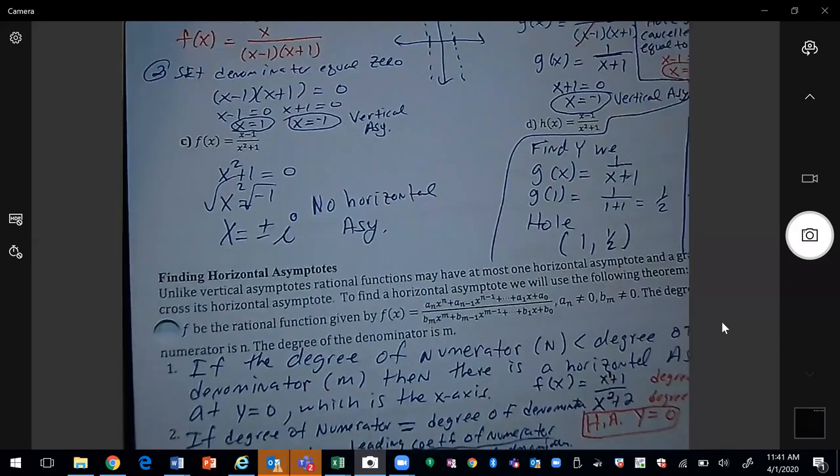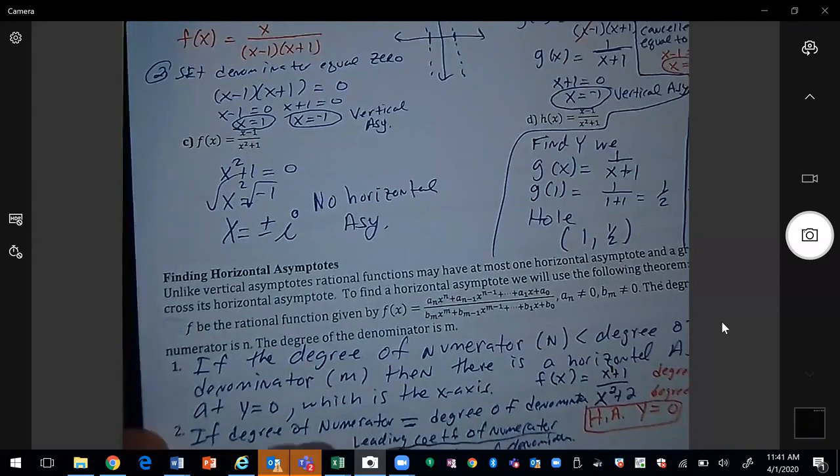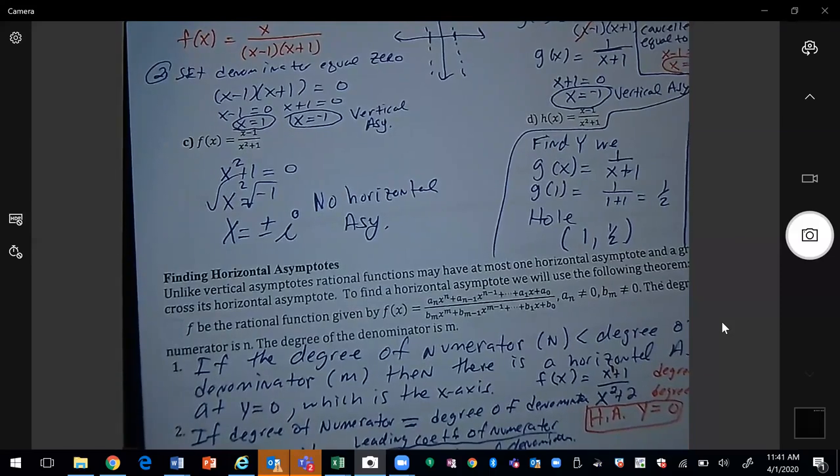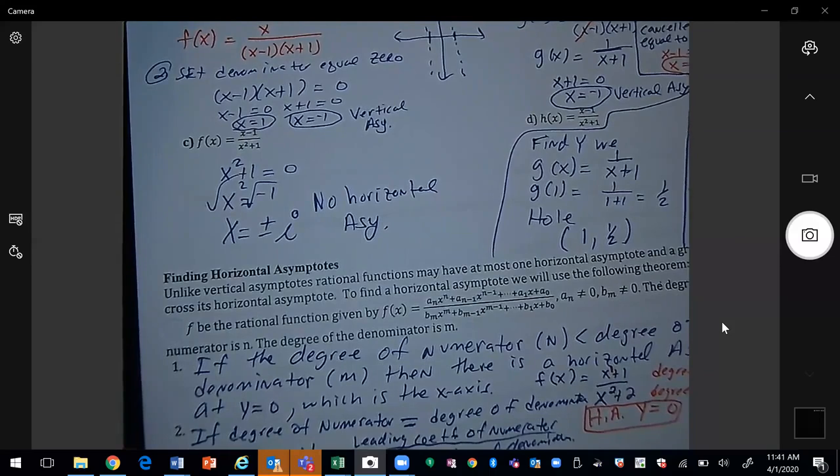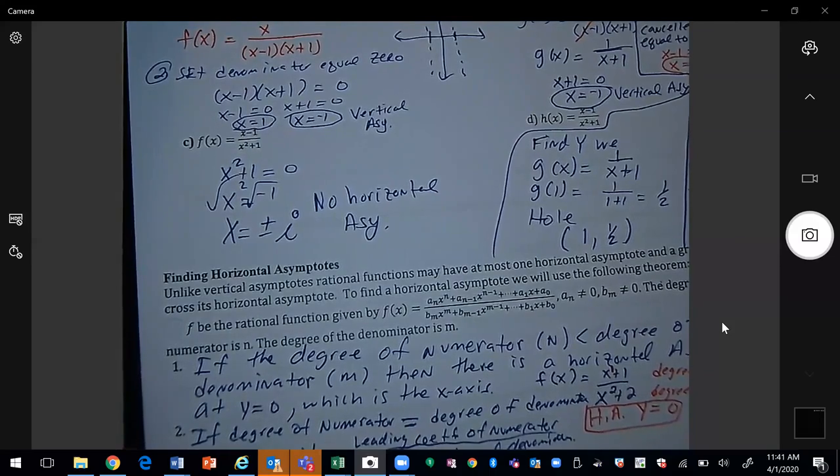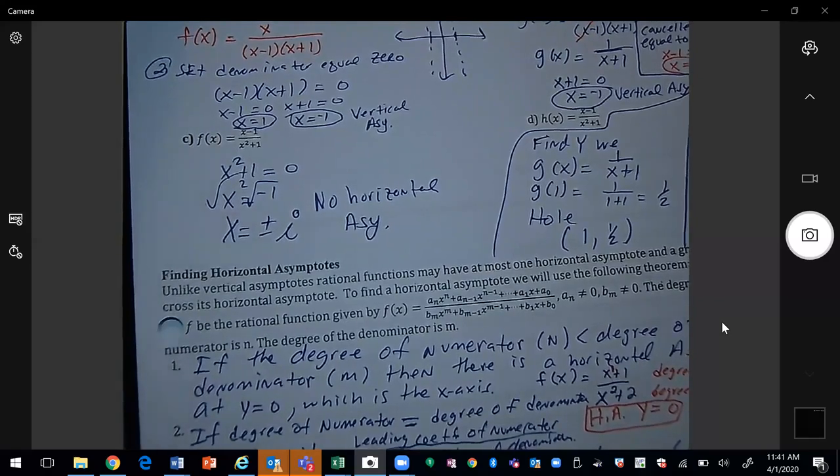The third case is if the degree of the numerator is greater than the degree of the denominator, then what we're going to have is that there is no horizontal asymptote.